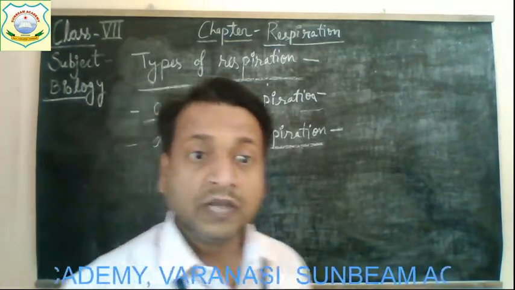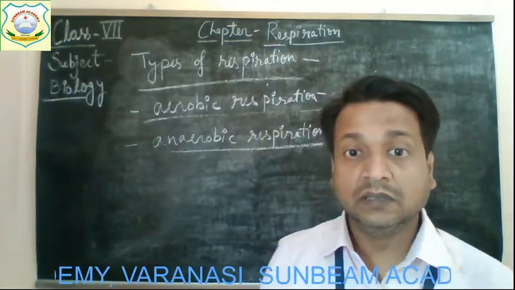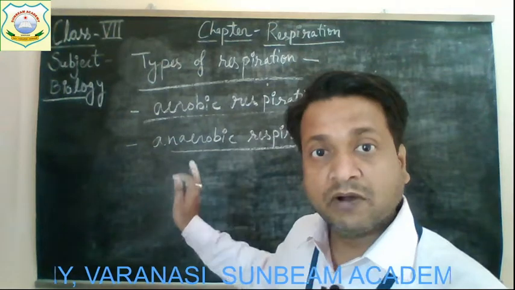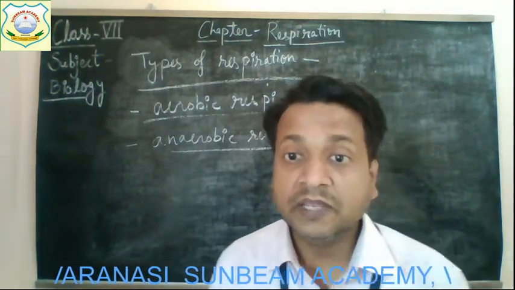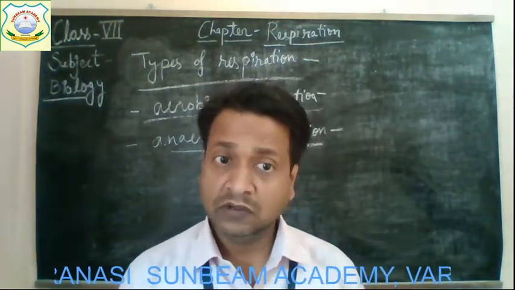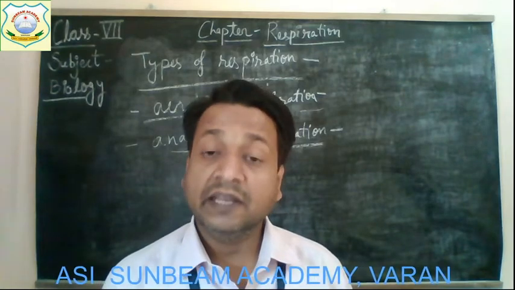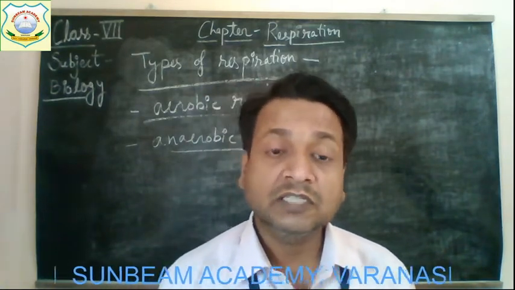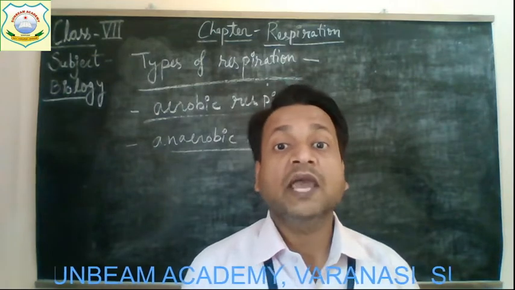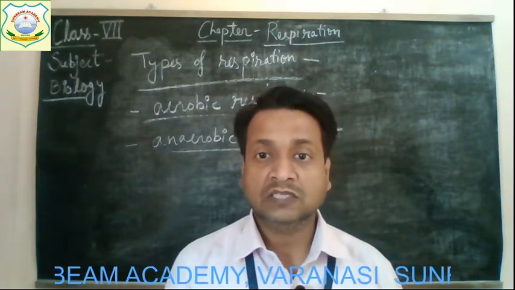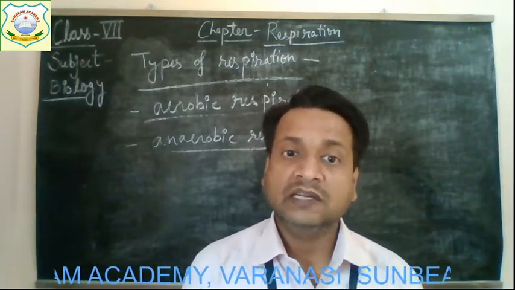Understood, children, about anaerobic respiration? This is the type of reaction that takes place without oxygen in the cells. And in this type of respiration, glucose is broken into alcohol and carbon dioxide and gives energy.